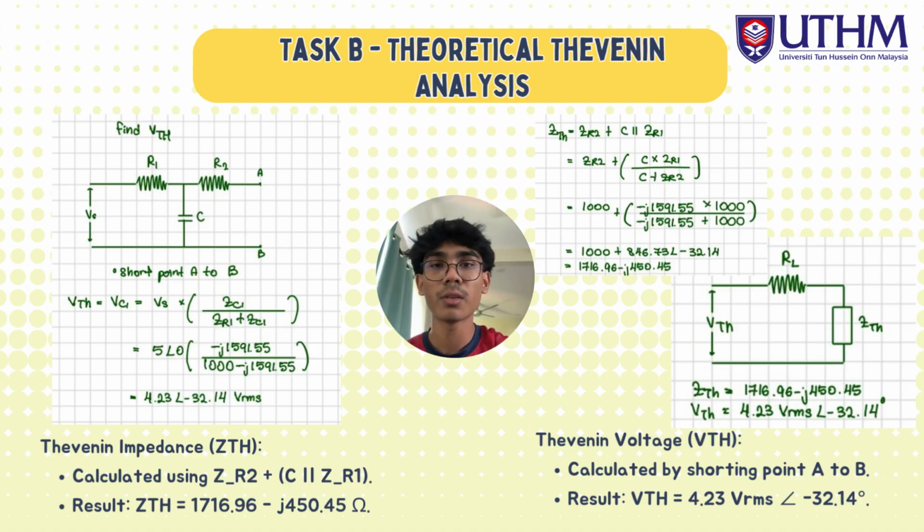The negative imaginary term indicates the presence of capacitive reactance within the circuit. These two parameters, VTH and ZTH, completely describe the behavior of the original network and allow for the load analysis to be performed using a much simpler equivalent circuit.